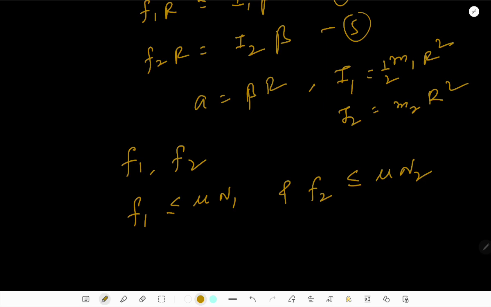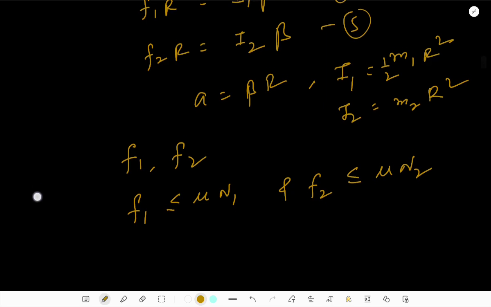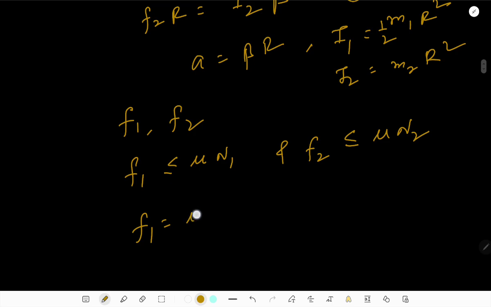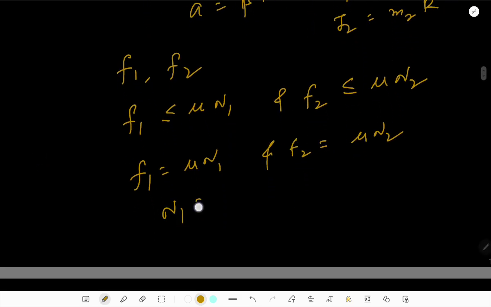When they are on the verge of slipping, F1 will become mu N1 and F2 will become mu N2, as we know from the basic nature of friction forces. And N1 equals M1g cos alpha and N2 equals M2g cos alpha.